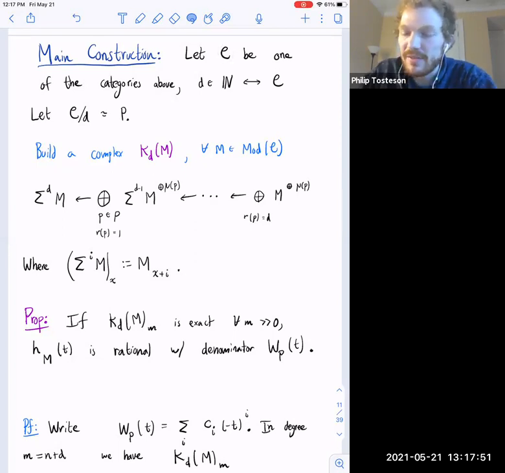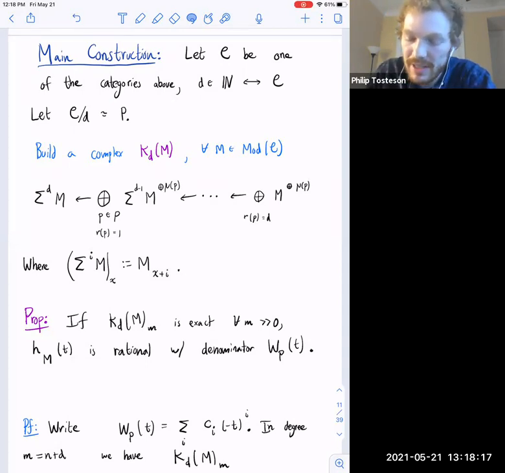By that I mean VI, FI, VIC, or FS^op, and also in other cases too. But we'll just restrict to these cases for now. And suppose that D is a natural number. So I'm identifying natural numbers with objects of the category, and I'm letting C over D be equivalent to a poset P.